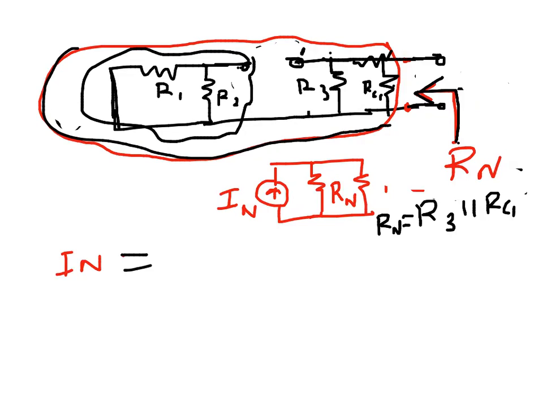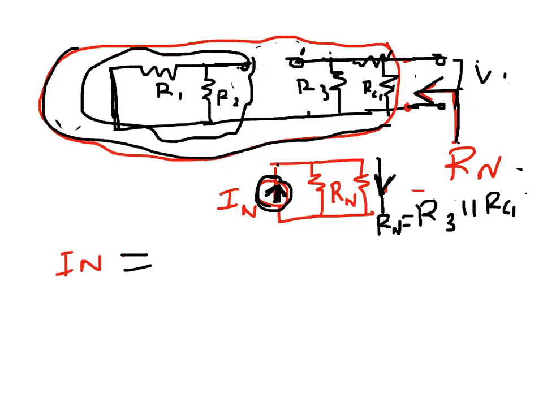So once we find them, the short circuit current was going downwards, so this will be the direction of current, because this short circuit current was going this way, so in order to have that, the current has to go upwards in this source.